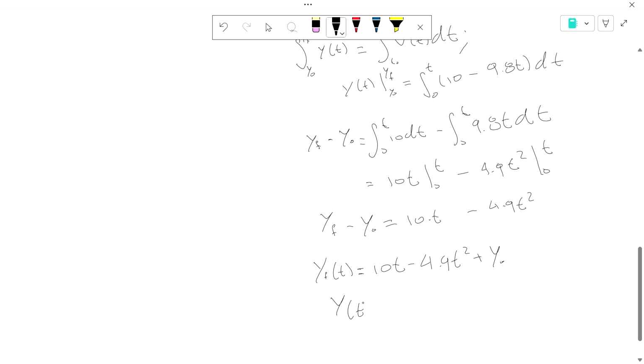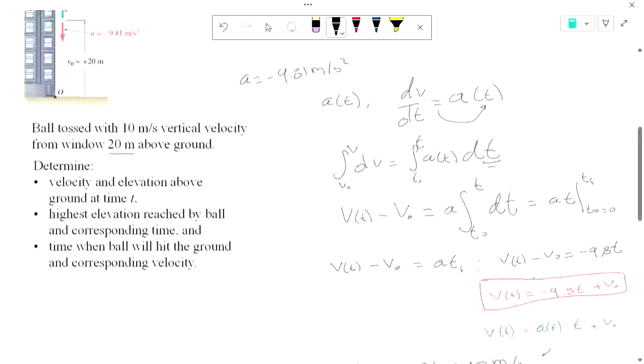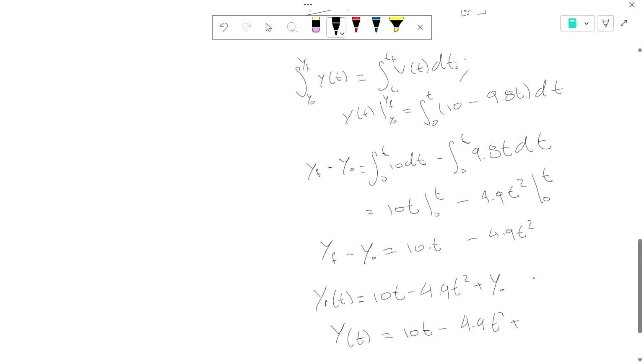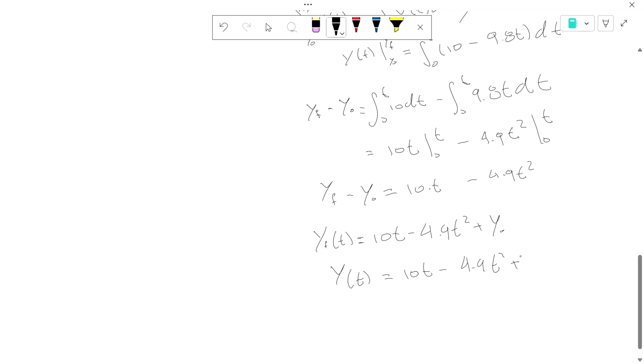So y of t is equal to 10t minus 4.9 t squared plus the initial height, which is 20 meters positive. Okay, so this is equation number 2.